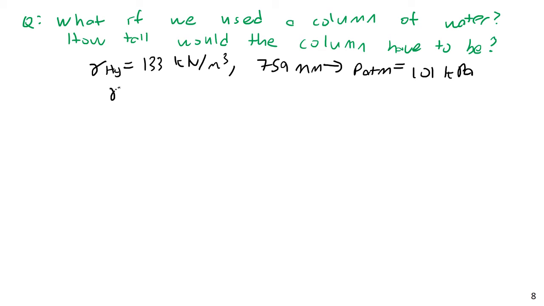Well, the gamma of water is 9.81 kilonewtons per cubic meter, and so 101 kilopascals is going to be equal to the same pressure.